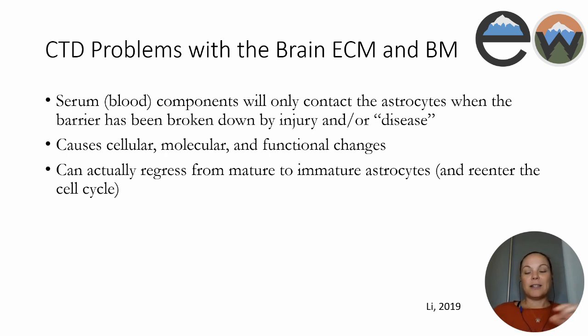That's going to cause cellular, molecular, and functional changes. So it really changes the way that your neurological system is now functioning. And the astrocytes themselves can actually regress from what we consider mature, well-functioning, diverse astrocytes to immature ones that are not functioning appropriately. And they'll re-enter the cycle that they came from, perpetuating the immature cycle of astrocytes. And that's where we get caught in these bad cell cycles, unless we have somebody to help us break out of that.